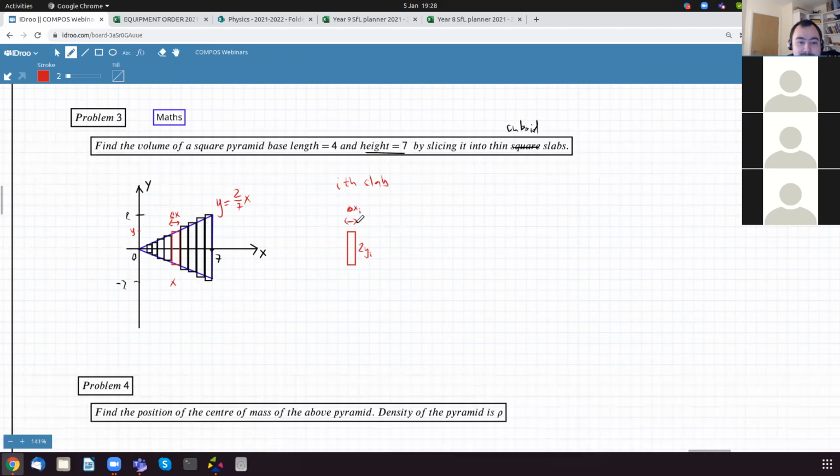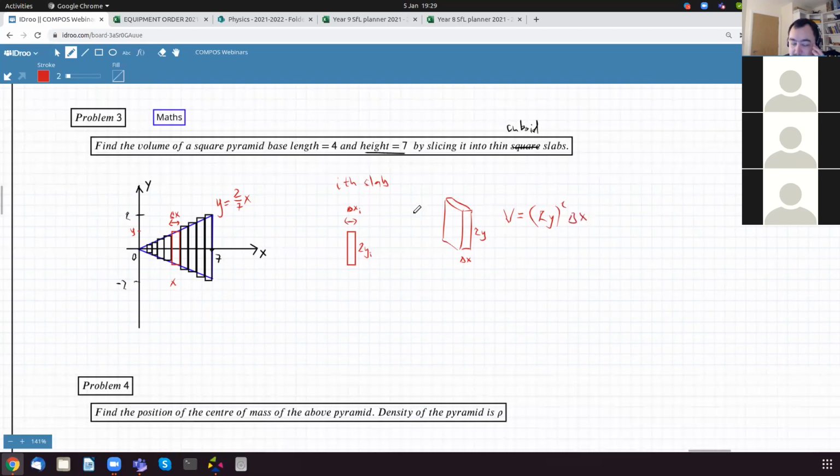And so the volume of this slab, because it actually looks like this. So this is delta x, this is 2y. So the volume is going to be equal to (2y) squared times delta x.